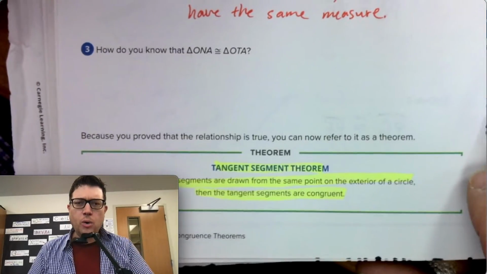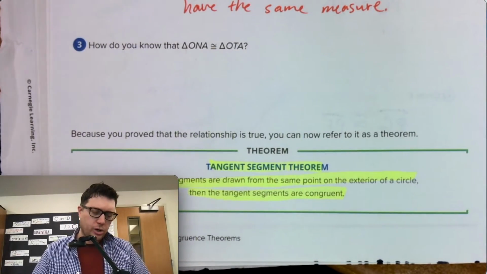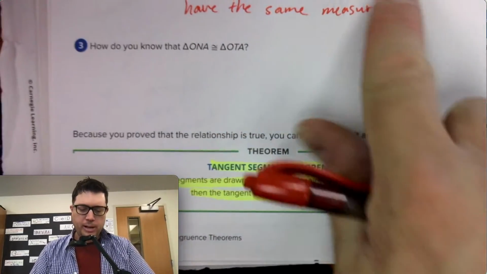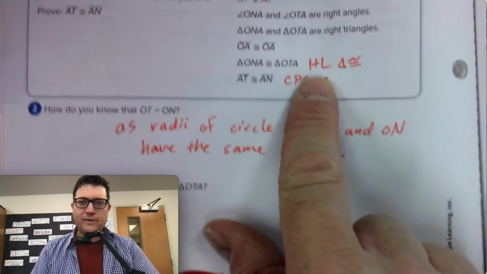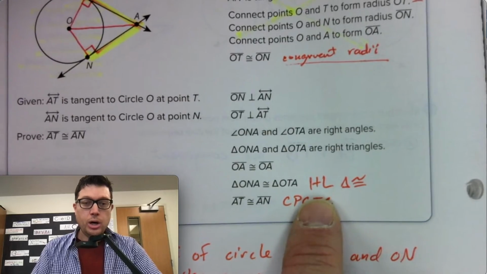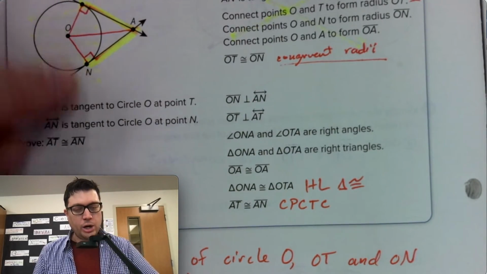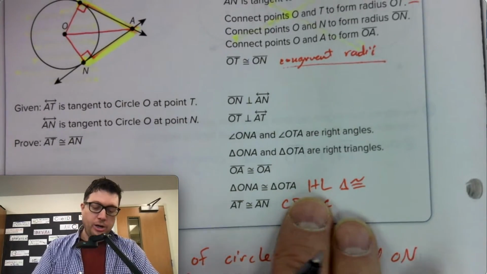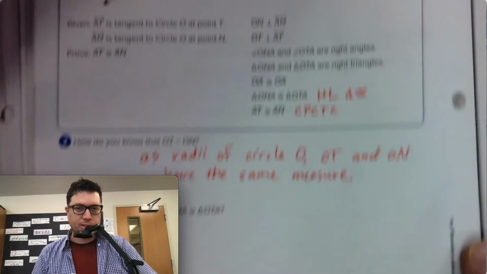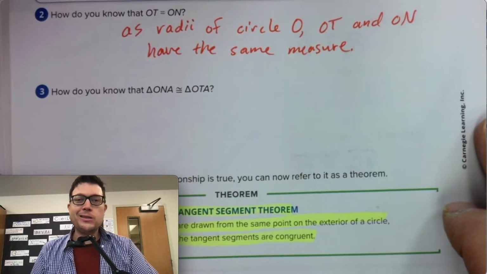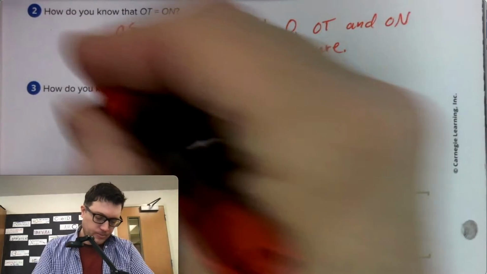And then last of all, how do you know that triangle ONA and triangle OTA are congruent? And I answered it back up here in my annotations. I recognize that they have a hypotenuse in common. OA is the hypotenuse, and they have a leg in common, OT and ON. So by the hypotenuse leg triangle congruence theorem, they're actually congruent triangles.